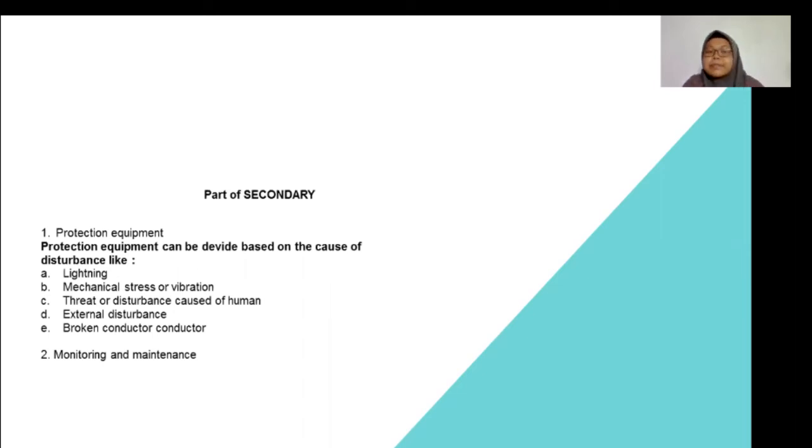Protection equipment can be divided based on the cause of disturbance, like lightning, mechanical stress or vibration, threat or disturbance caused by humans, and then external disturbance, like flight and also broken conductor.